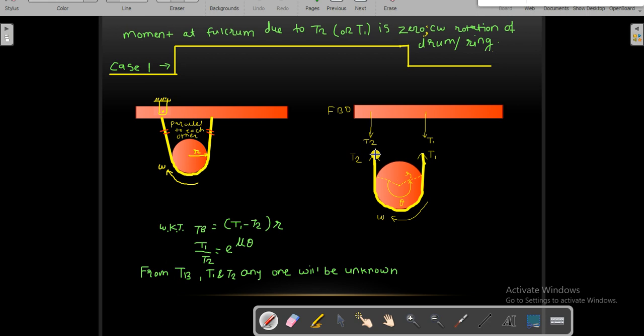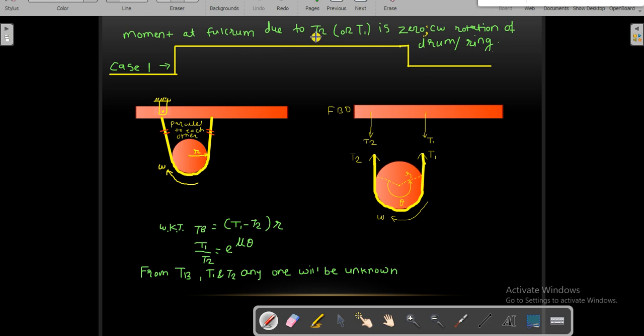So the moment due to T2, or due to T1, will always be 0. Only T1 or T2 will remain. This type of arrangement is nothing but the simple band brake, and we will again discuss how the differential band brake is designed. For the time being, just concentrate here.